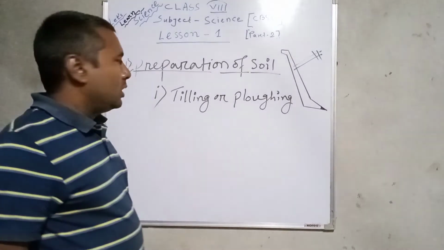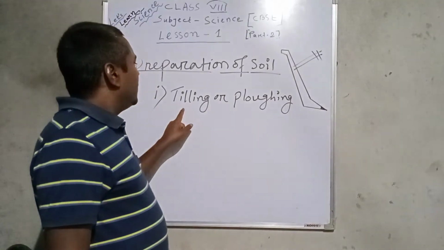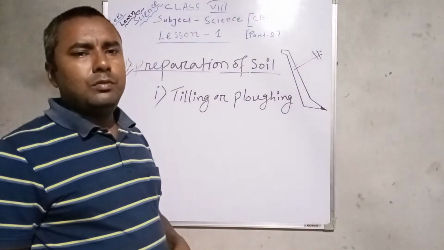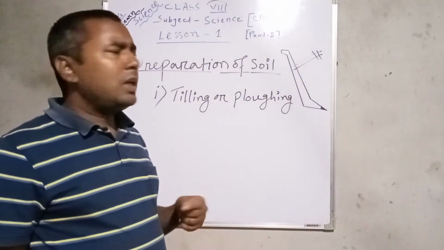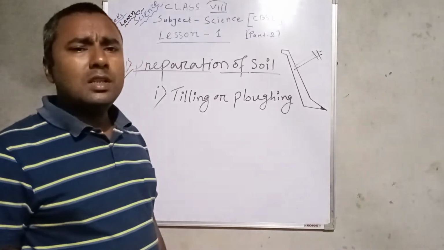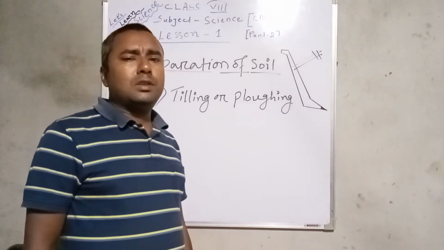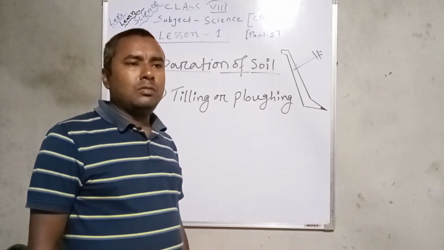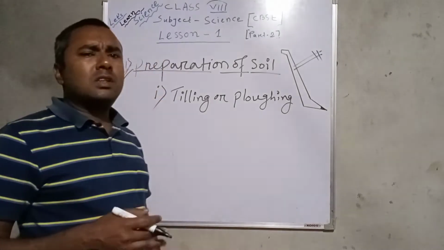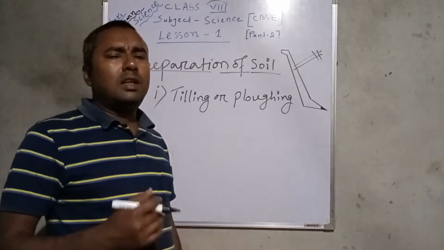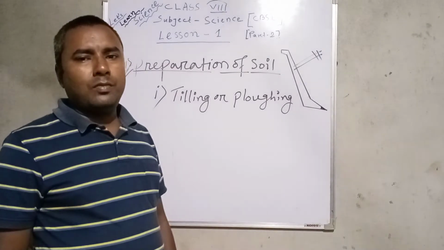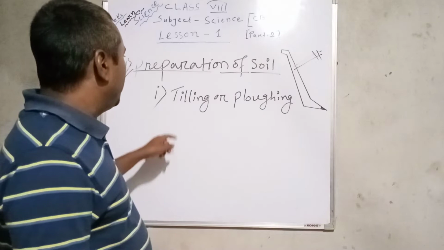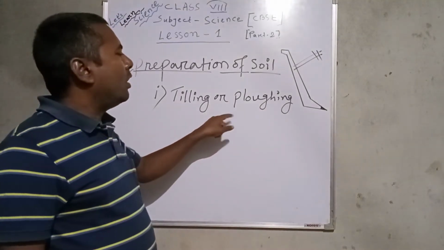Let us see now how tilling or plowing is done. Tilling or plowing is done by using various agricultural equipments or implements, or in easier words, some agricultural devices. Let's see what are the devices that are used for tilling or plowing.